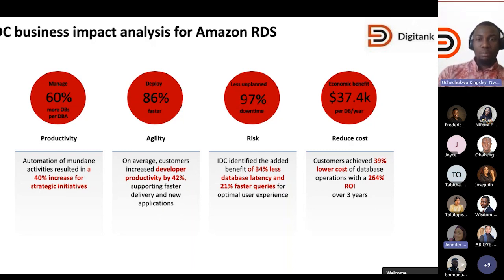So moving on to the business impact analysis of Amazon RDS. IDC, which is a global provider of market intelligence, conducted a study with a wide set of AWS customers that migrated from on-premise databases to Amazon RDS, the managed relational database service, using different database engines like Oracle, SQL Server, and MySQL. Most of these customers experienced these benefits, as you can see.